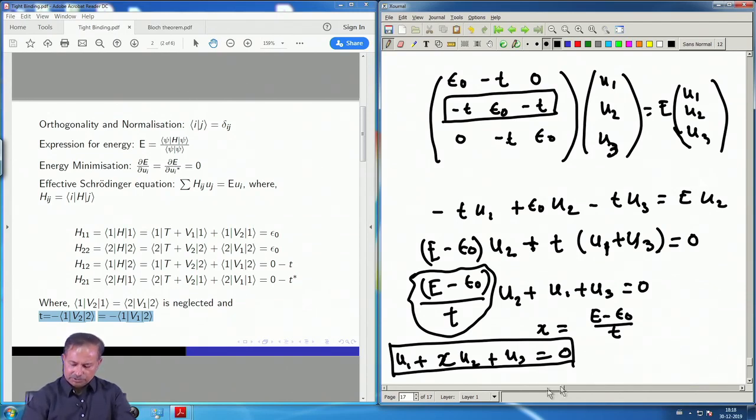Let me choose a solution u of m equal to e to the power i m theta times some constant a.